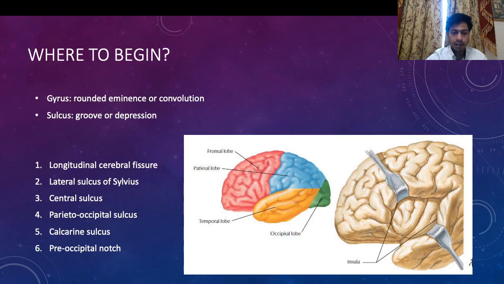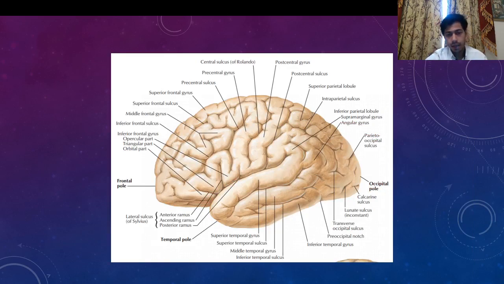Once we can identify these sulci, we can navigate ourselves around the brain. Like I mentioned, we've got six sulci that we should try and identify before we go into what gyri we have or what lobe we're in.